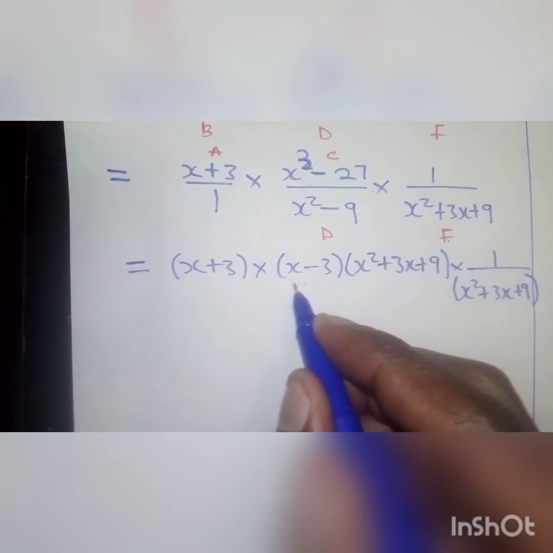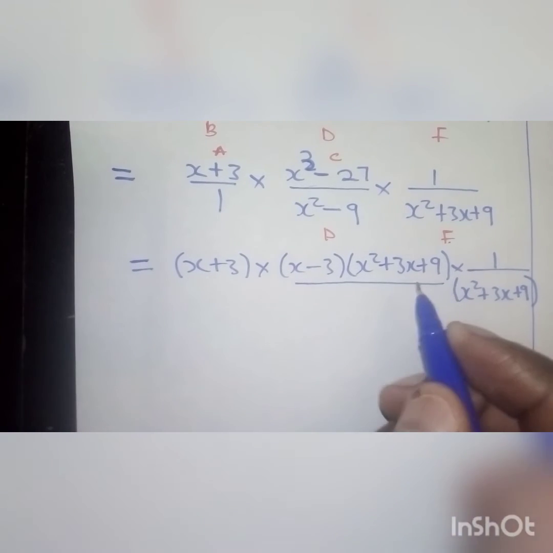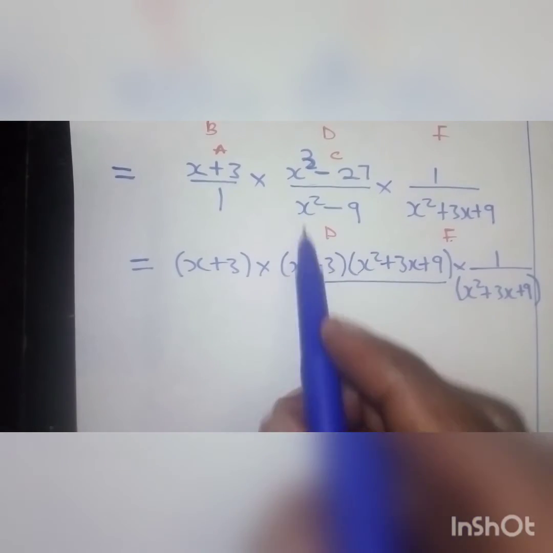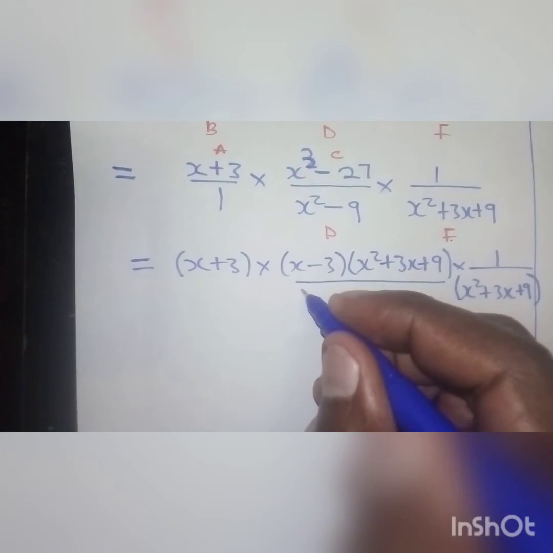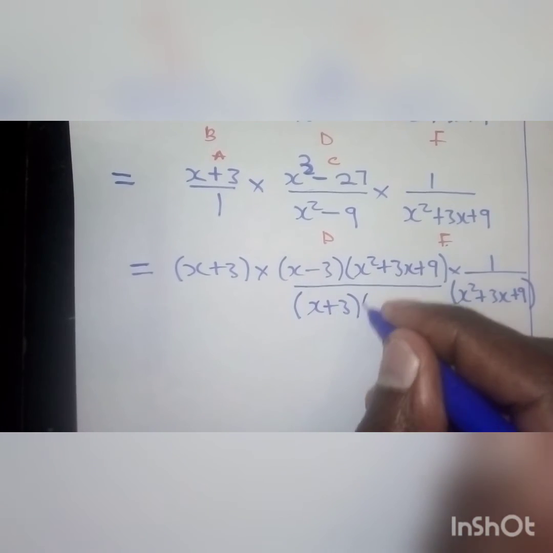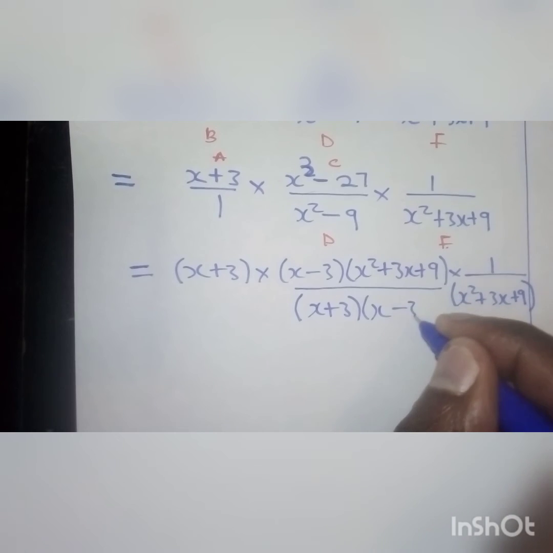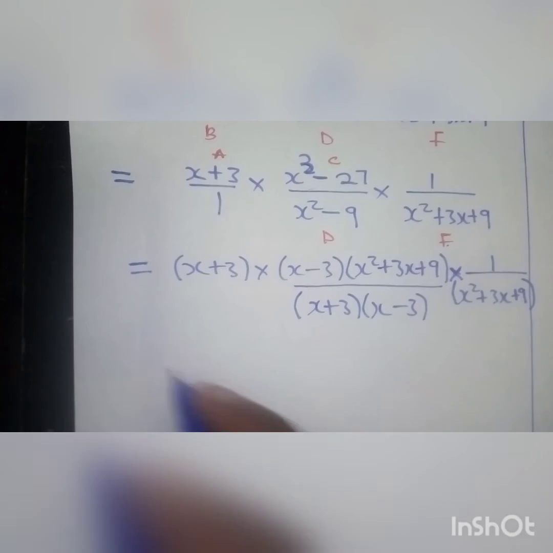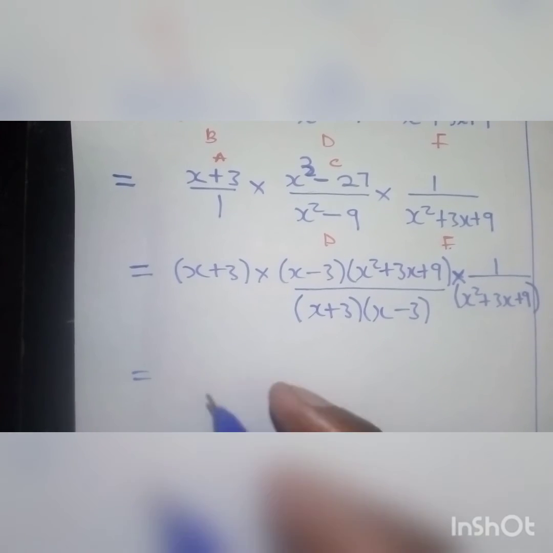So here this is over, and the difference of two cubes, we are left with x plus 3, x minus 3. So let us multiply this whole expression and see what we are left with.